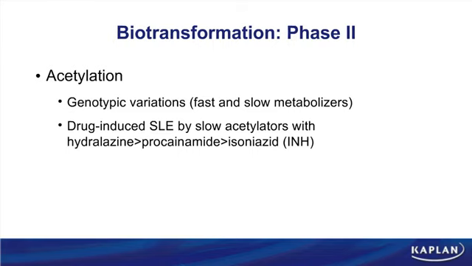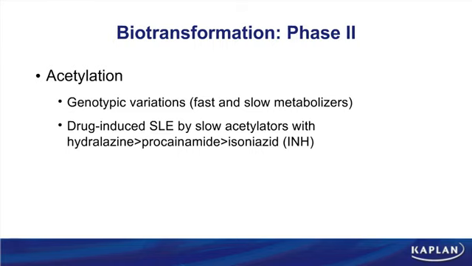If you're slow to metabolize this drug, it's going to accumulate in the body, and that can result in drug-induced lupus. If you don't get a hydralazine question on your exam, you're probably going to get a procainamide question. This is that popular. And even though isoniazid is the drug that we discovered drug-induced lupus with, it's probably the least likely of the three to show up on the test. It's the least common in terms of occurrence of those three drugs.